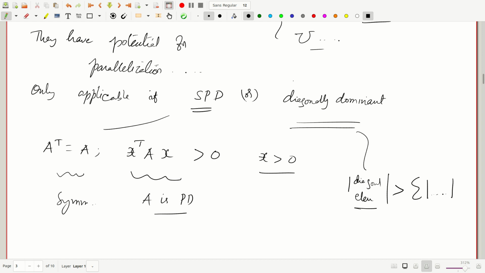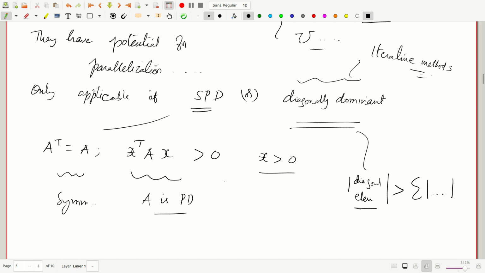Diagonal dominance is very much required when you work with iterative methods, which we will go into later for the solution of linear systems. As of now, we will assume that the matrices we are going to work with are symmetric and positive definite or diagonally dominant, so that we can apply either of these methods, that is recursive doubling or cyclic reduction, for that particular system.